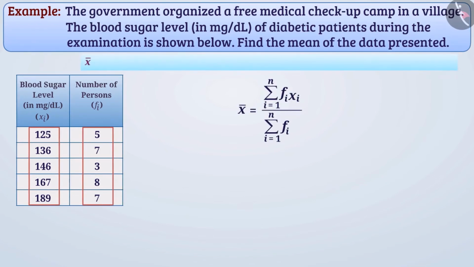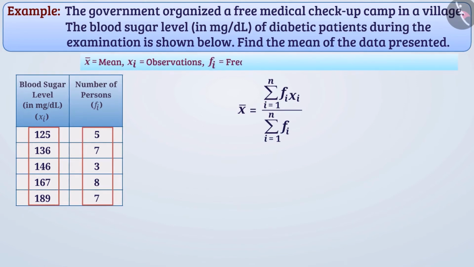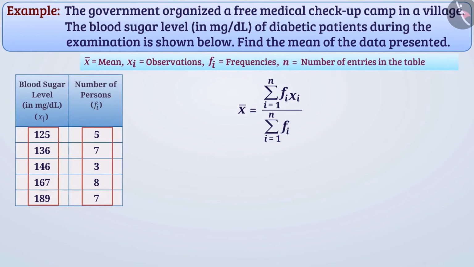Here, x bar is the mean, xi is the observations, fi is the frequencies, and n is the number of entries in the table. Here, n is equal to 5.